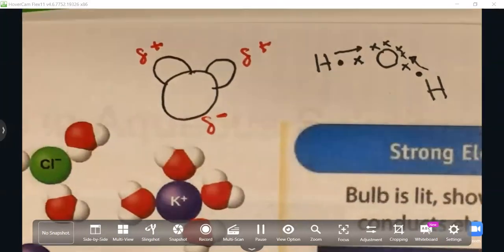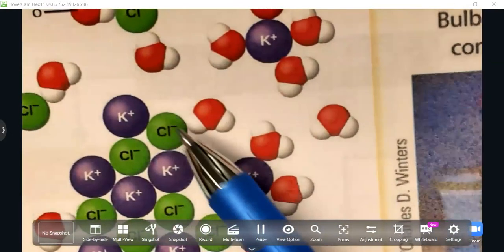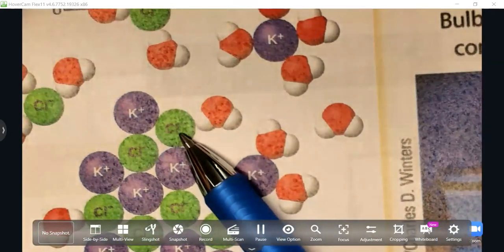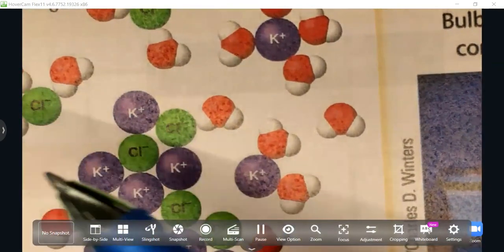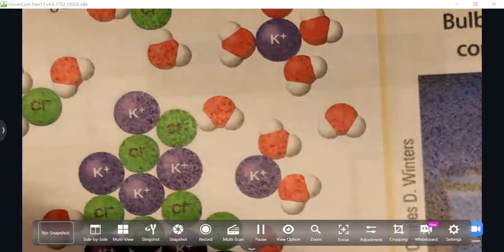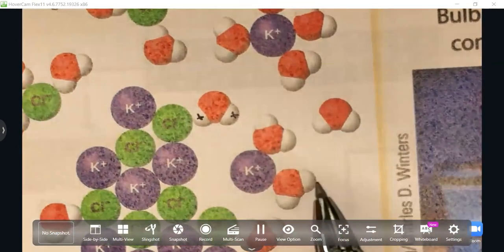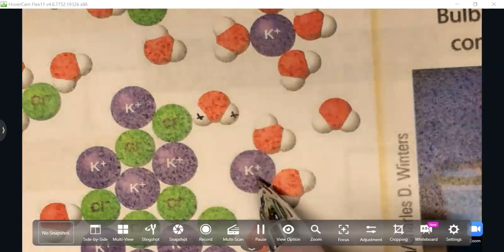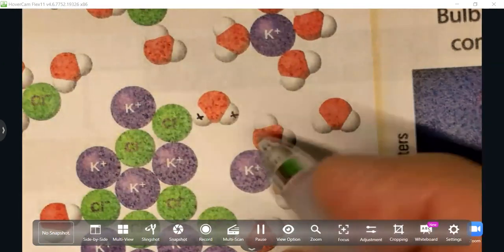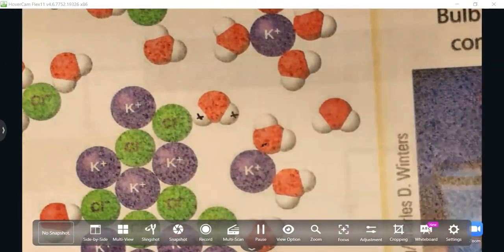So notice the water is going to come in and the negative chlorides are going to get attracted to the positive hydrogens here. And the positive potassiums are going to get attracted to the negative oxygens.